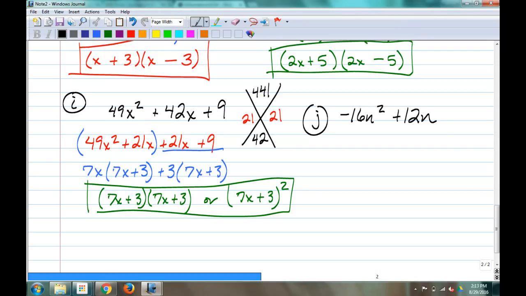So negative 4n, that would mean we have 4n minus 3. Good. Change the sign, because we're pulling out a negative. Does the parentheses factor any further? No, it's just 4n minus 3.